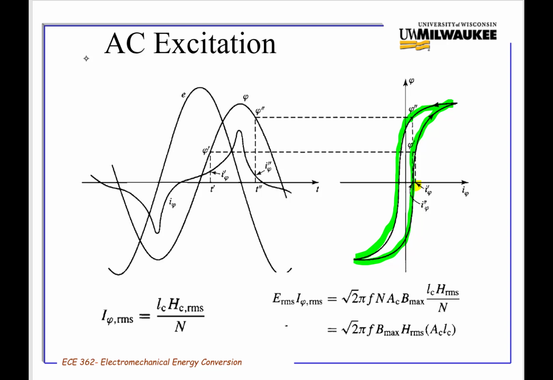So what it's telling me is that this flux right here, which is proportional to the voltage and also proportional to the flux density, if I have a zero flux and I'm operating on this curve, this is the saturated curve.